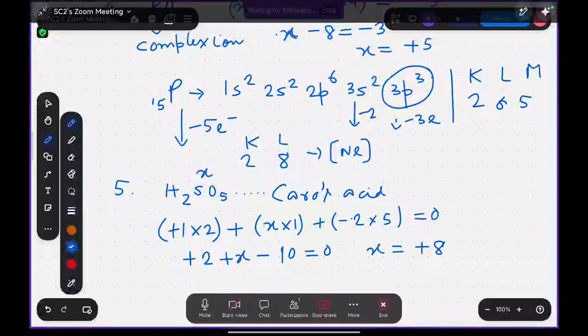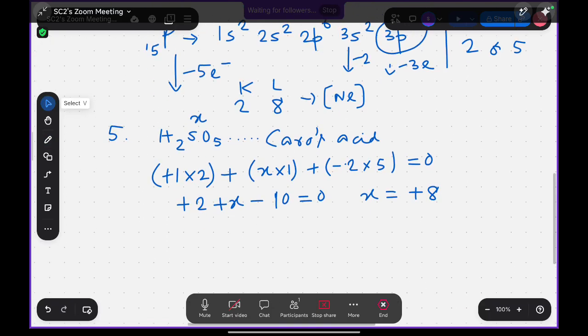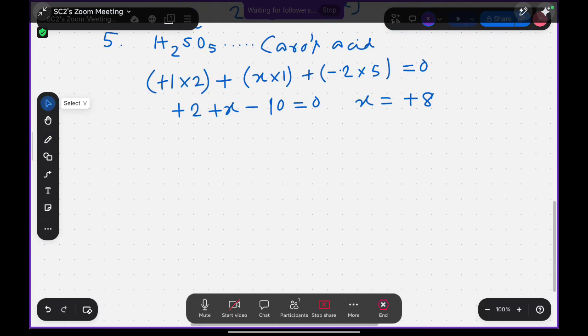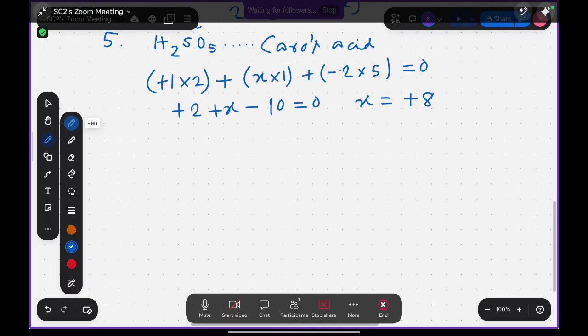That means if you choose the -2 oxidation state for all the oxygen atoms, there are 5 oxygen atoms, all 5 carrying -2 charge, then the oxidation state comes to be +8. Now the question is, is it possible for sulfur to have a +8 oxidation state? What to do for that? Let's check it. Let's verify it.